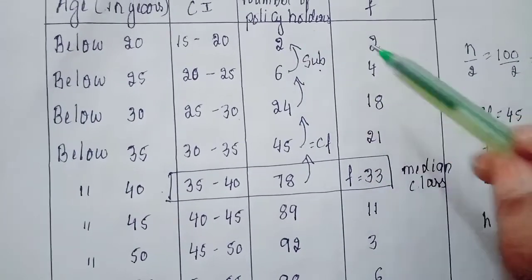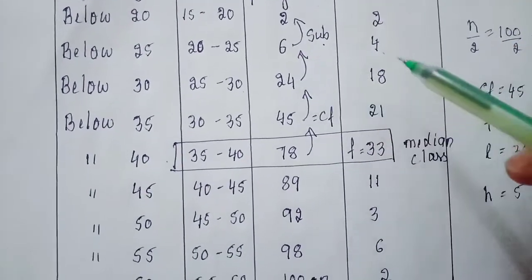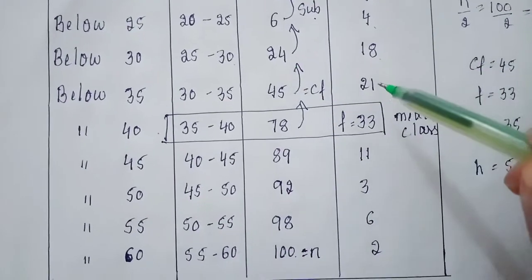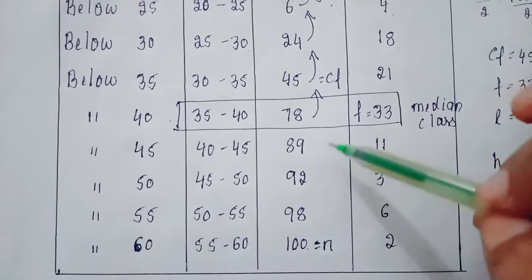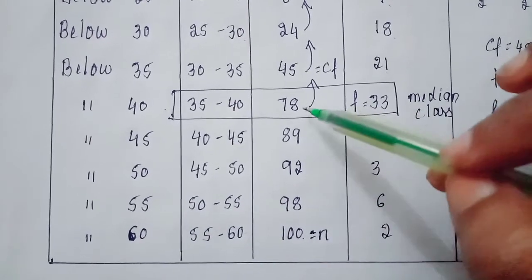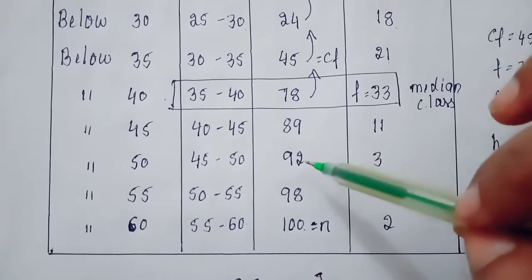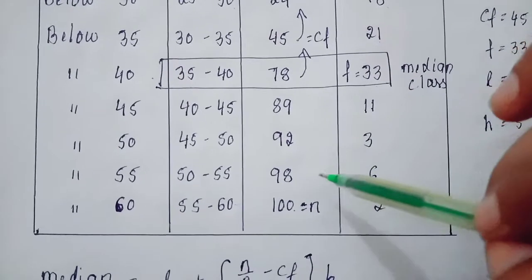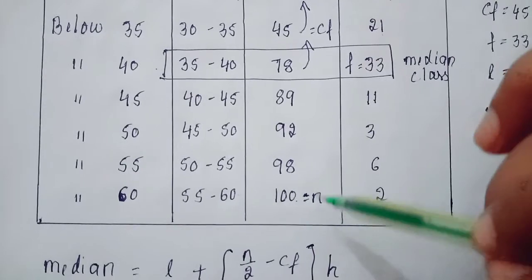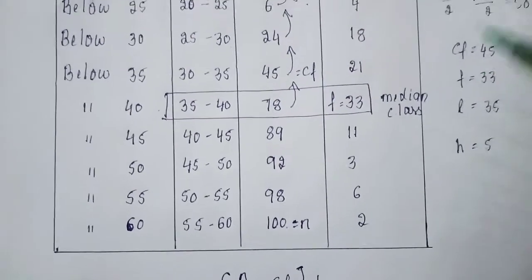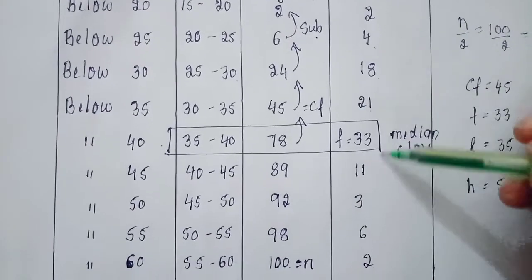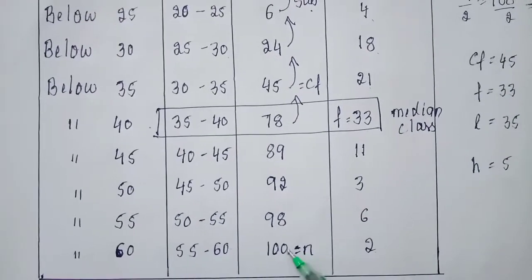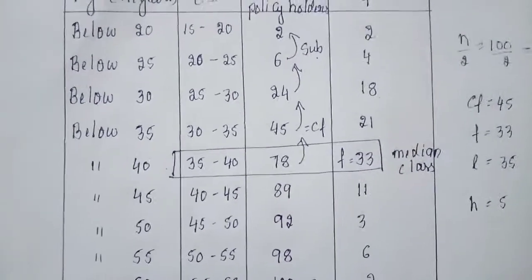Then 6 minus 2, 4. 24 minus 6, 18. 45 minus 24, 21. 78 minus 45, 33. 89 minus 78, 11. 92 minus 89, 3. 98 minus 92, 6. 100 minus 98, 2. If you want to check whether your values are correct, add all the values in the F column and you will get 100. This is only the verification of whether you did it correctly or wrongly.